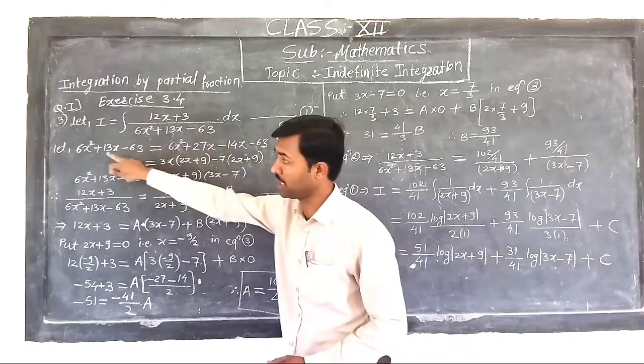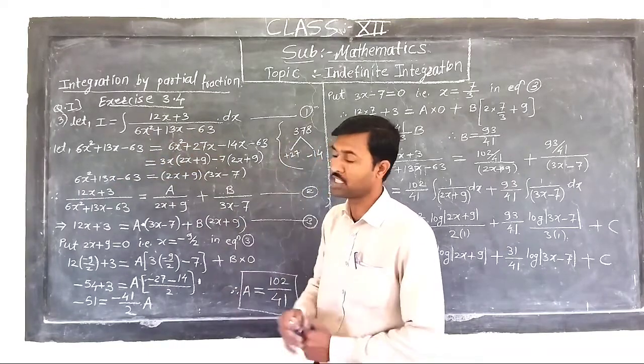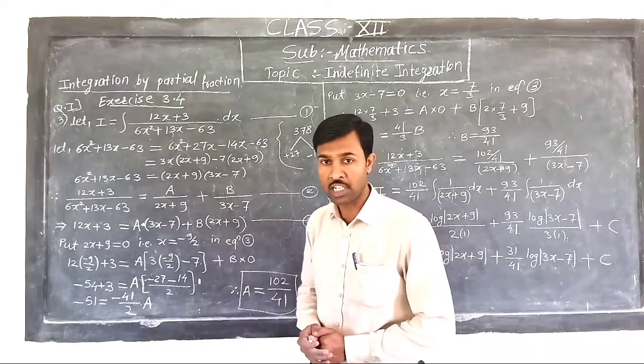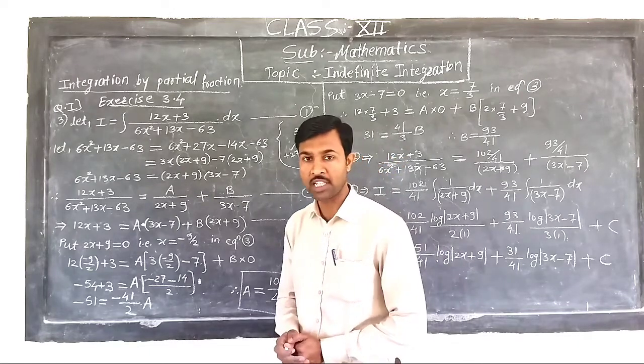I have taken this quadratic equation outside of this integral. It is 6x square plus 13x minus 63. How to solve this quadratic equation?